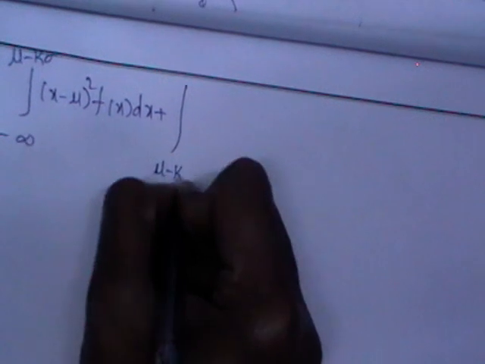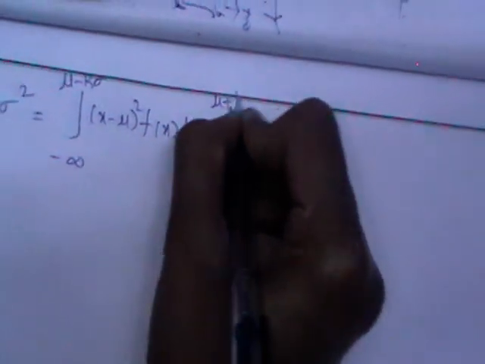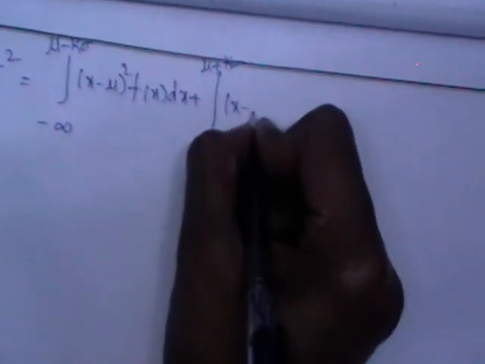So here the variance of x we are writing as sigma square. Sigma square is the sum of three terms: minus infinity to mu minus k sigma, plus mu minus k sigma to mu plus k sigma, the same step I am writing again.